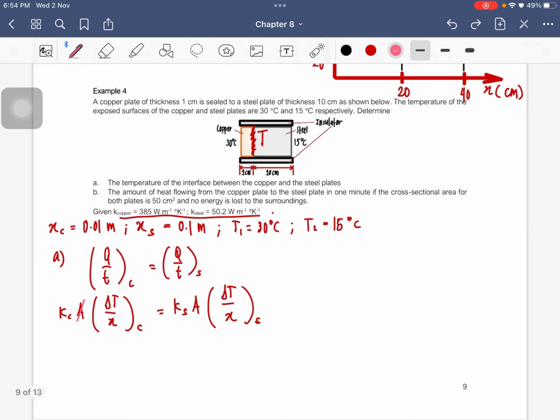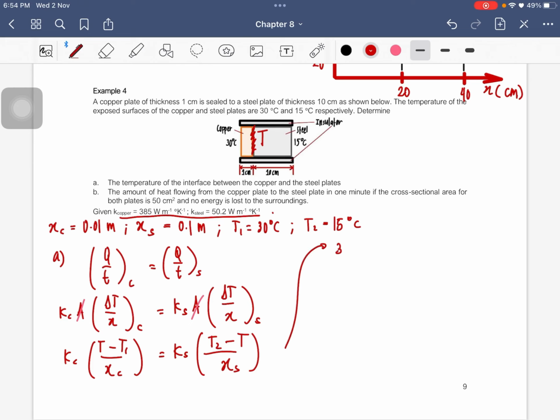A can be cancelled, and then we are left with K_C (T minus T1) over X_C equals K_S (T2 minus T) over X_S. Okay, so we got this, just substitute the value.